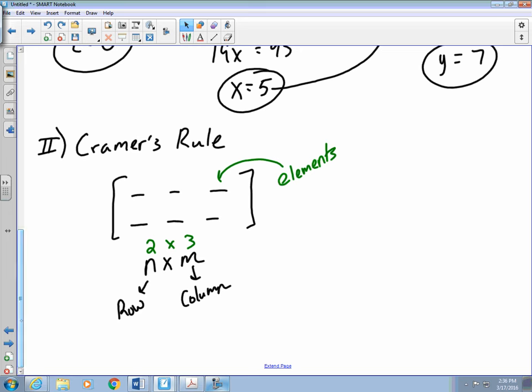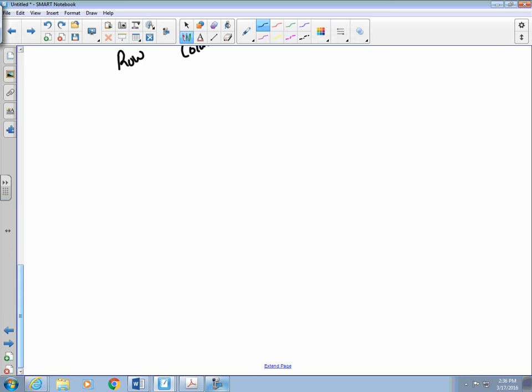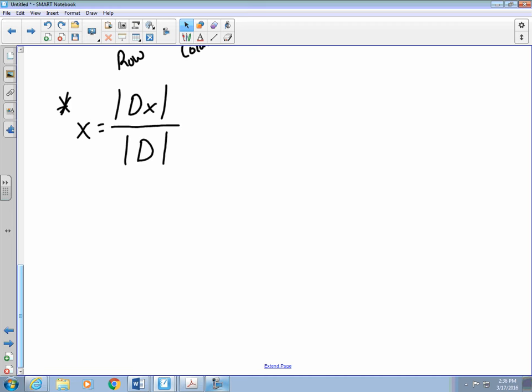Now, the way Cramer's rule says it is this. I'm going to star this. It says the value of x is going to equal the determinant of matrix Dx divided by the determinant of matrix D. Again, those are not absolute value symbols, so this is something that is new. It's called the determinant.